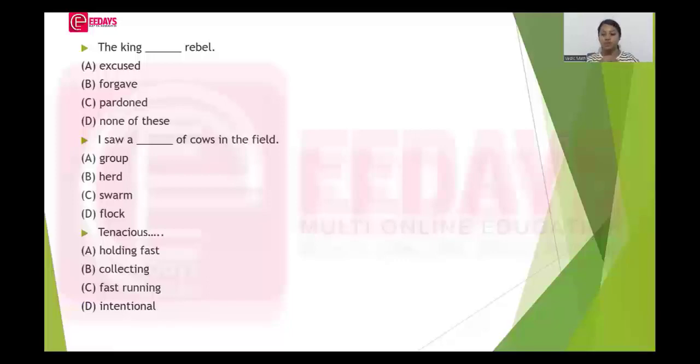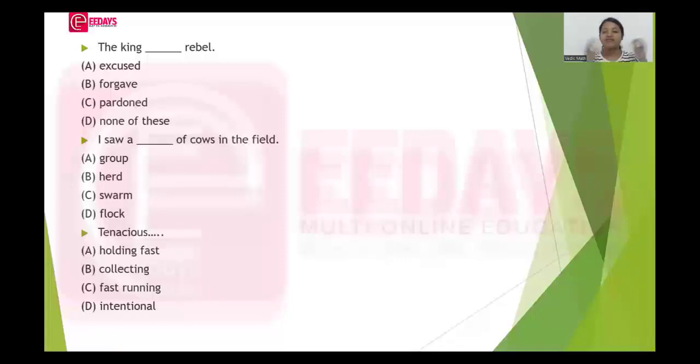When it comes to group, I can say group of students, group of political members, but not group of cows. Swarm comes for insects, swarm of bees, swarm of beetles, but not swarm of cows, because a cow is not an insect.